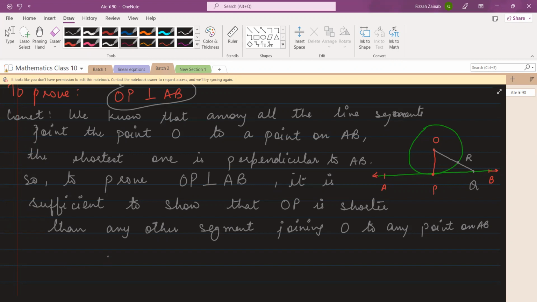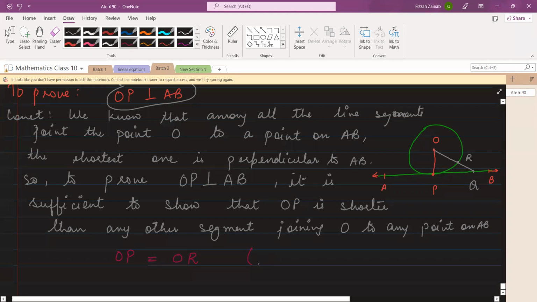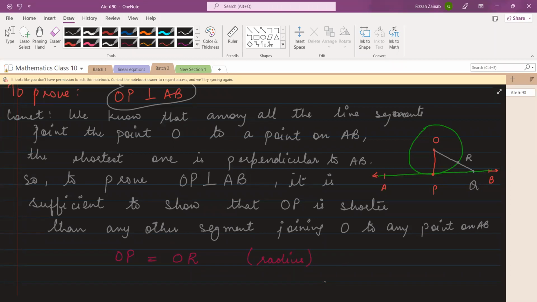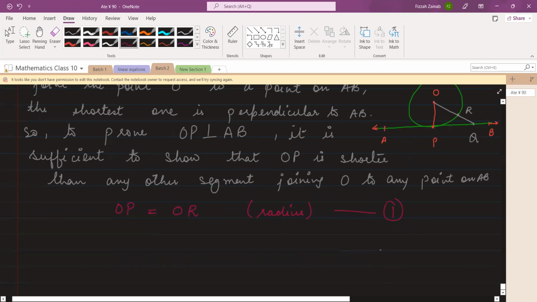Now in this figure, what you can see is, can I say OP is equal to OR? Why can I say that? Because both are radii, right? You can call it equation number 1. Now also my line OQ, I can break it into two parts.